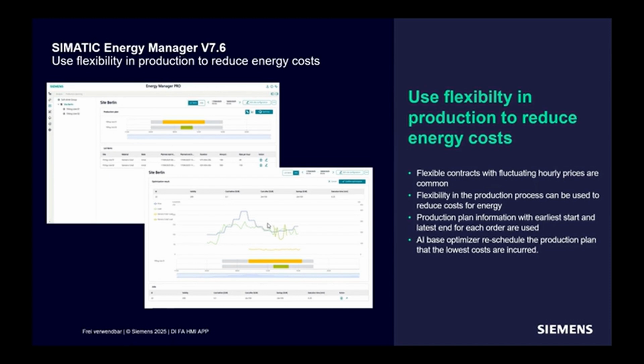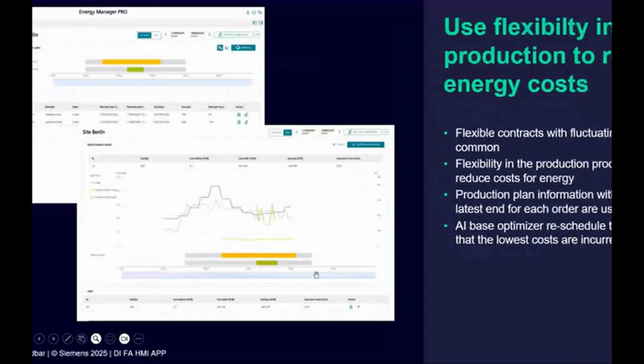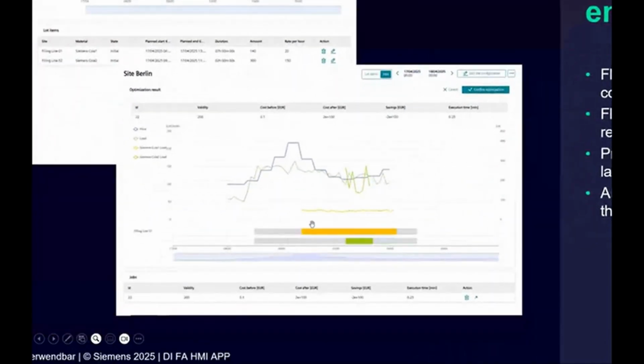Flexibilization will give you the possibility not only to analyze products based on their, I would like to call it, energy footprint. You can also finally calculate the production plan, which will be inserted from the product manager, the energy manager, into the system based on the best time frames for production.